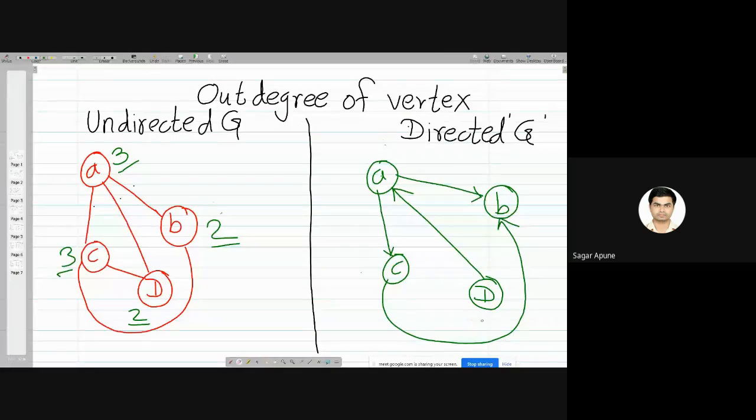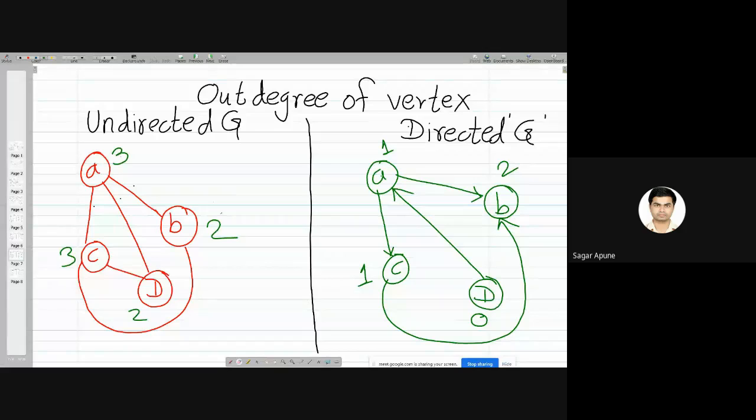In degree: how many directions come to the vertex, we call it in degree. Means what? A, there is one direction head. So in degree of A is 1.